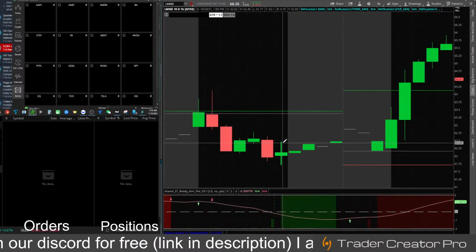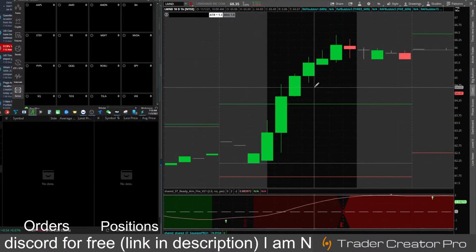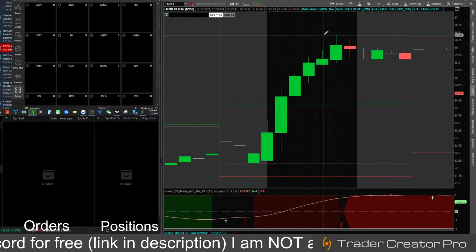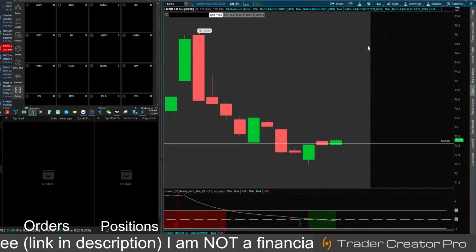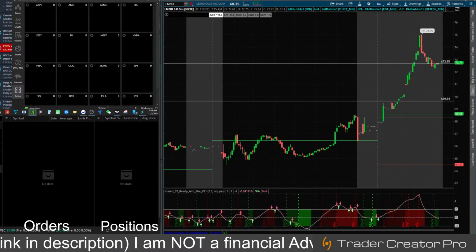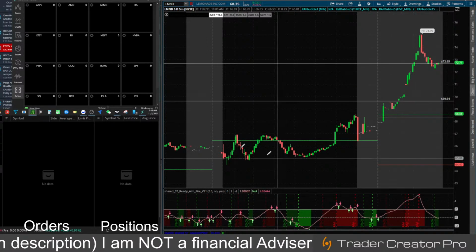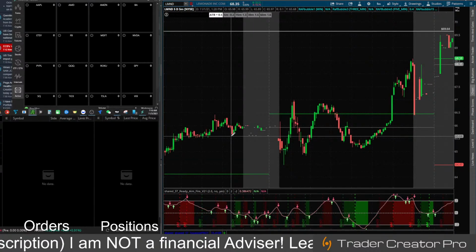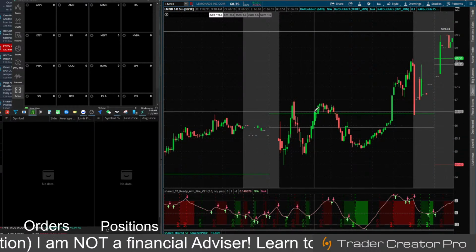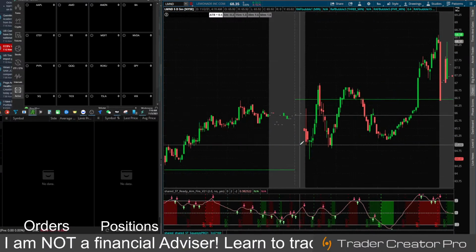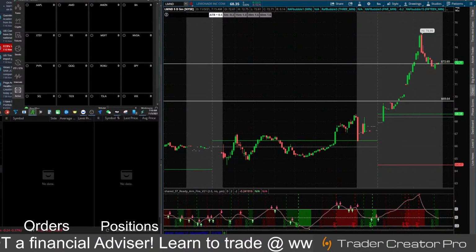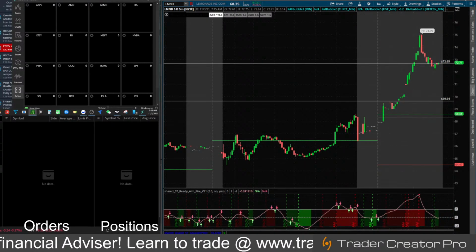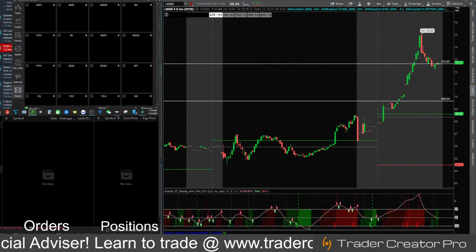I probably should have been watching it yesterday as it was squeezing up with Carvana, but that's okay. Oh, it wasn't squeezing up with Carvana. This looks like a big move, but it wasn't. That's actually not even that big of a move. This could seriously go parabolic today.